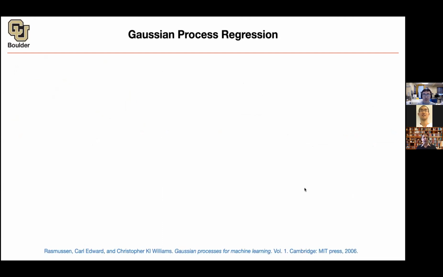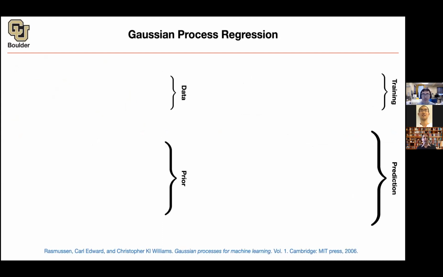We wanted to go the route of data efficiency, so we started with Gaussian processes because they are data efficient by construction. Like any other machine learning framework, you're gonna have four components: data, prior, training, prediction. For data, it was a regression problem for us.